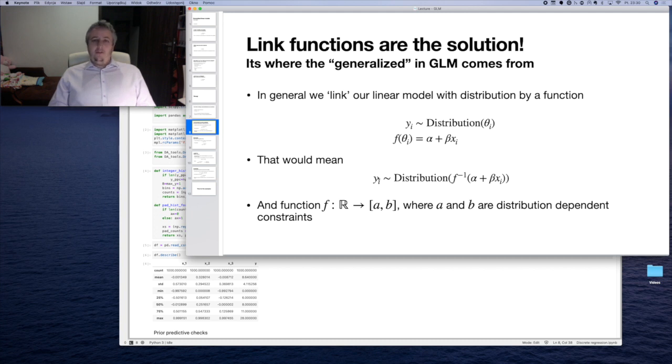So in other words, the likelihood of yi is distributed with a parameter equal to f to the minus 1, the inverse of f, applied to the predictor combination value.